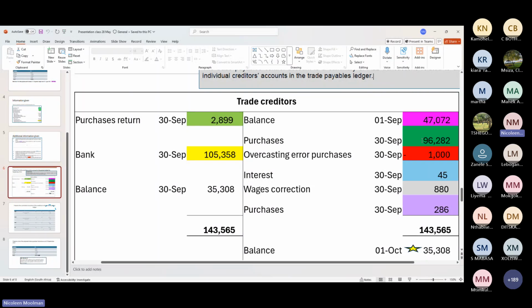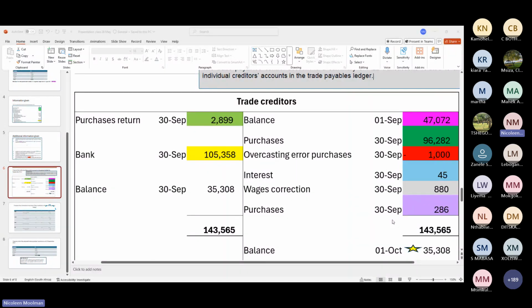So we need to reduce that balance that they've given us in the trade creditors. We just need to fix the amount. I don't know if that makes sense. Yes, Mafi, so you're saying we can put it to the credit side, but put a negative sign next to it. Yes, absolutely right. And that's how the solution also has it. If you go to your study unit 13.3.